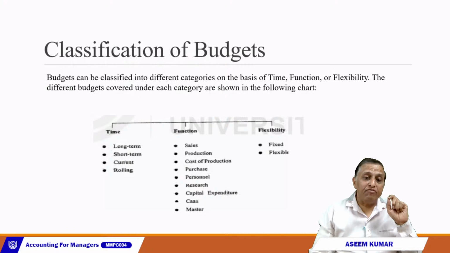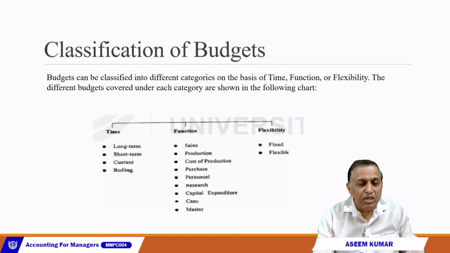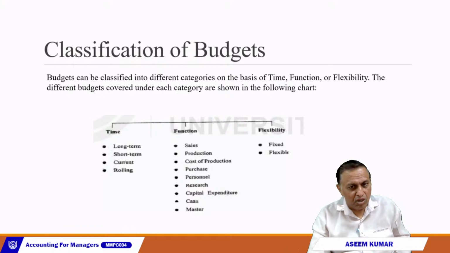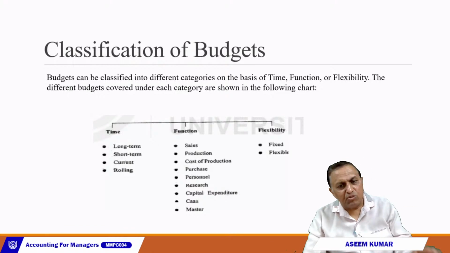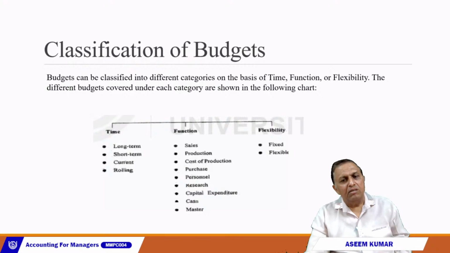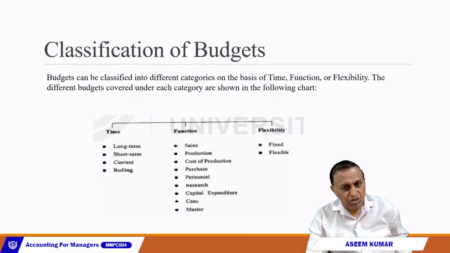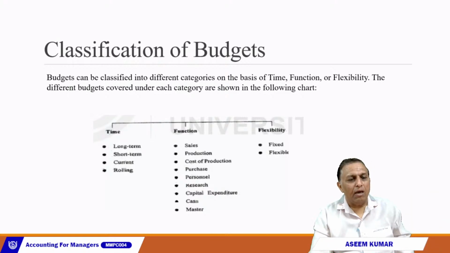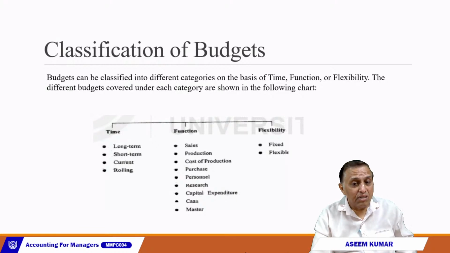But suppose we go for the functional part, the operational part we are just talking about. It speaks about the sales budget, the production budget, the overall production, maybe of a very big number of product series we have, cost of production of each unit, purchase budget, personal budget, research and development budget, capital expenditure budget, cash budget, and master budget.